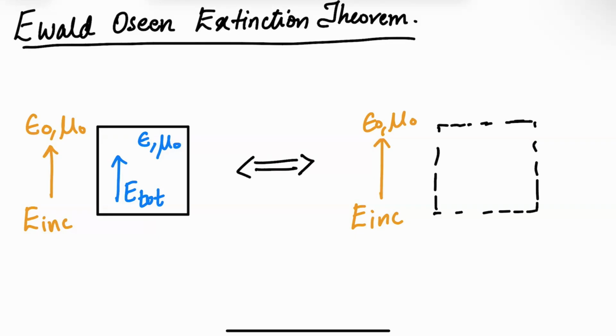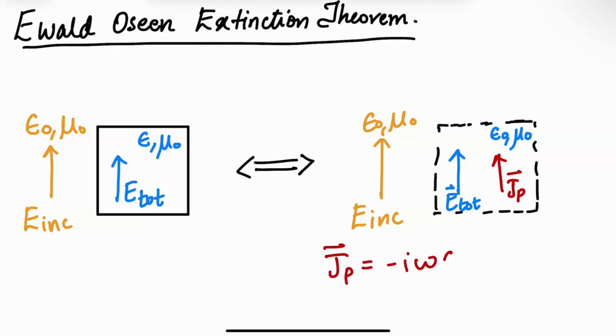So I have my total field, E total. And here again, I have epsilon naught and mu naught now, free space. So I have epsilon naught, mu naught, and the current in this location. So instead of the material, I have to place a polarization current JP, where JP is equal to minus i omega epsilon naught chi e times E total.